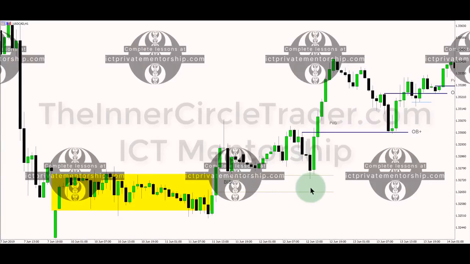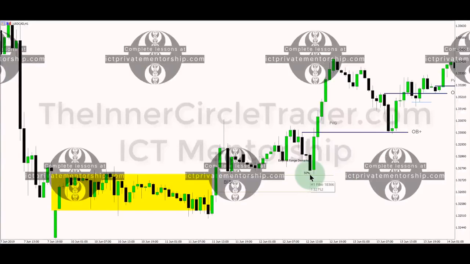So if we think about where this wick's midpoint, or the consequent encroachment of that gap, because it's created a gap from where it's closed and where its low is. If I put it back on, that's the wonderful thing about MetaTrader, it'll snap right to your open, high, low, close.